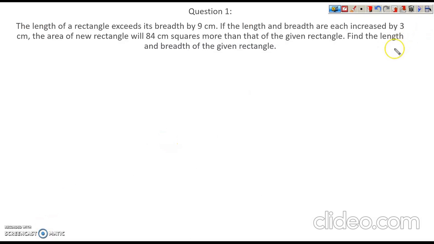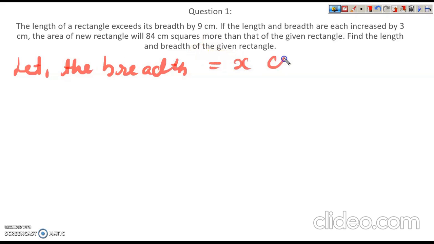Our question 1 is: the length of a rectangle exceeds its breadth by 9 centimeters. If the length and breadth are each increased by 3, the area of the new rectangle will be 84 centimeters square more than that of the given rectangle.